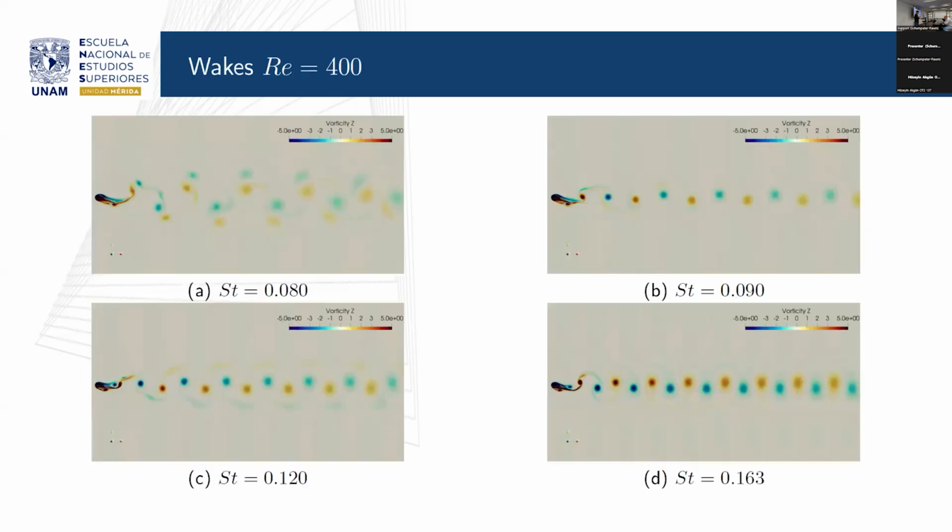Okay. So first, what we get is the different wakes that you can get according to the Strouhal number. If the foil is oscillating too slow, so vortex shedding can occur, let's say 2 times. If you see here, you have four vortex shed per oscillation cycle.